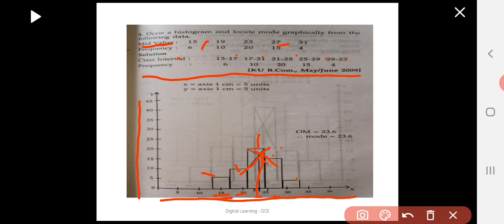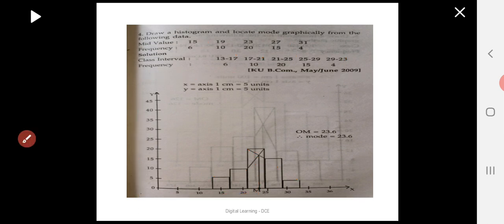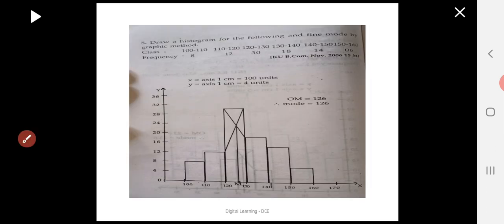When we drop a perpendicular to the x-axis, this M value is the mode, OM, which is 23.6 here. So this is how the mode is located through a histogram. Hope this is understood here.